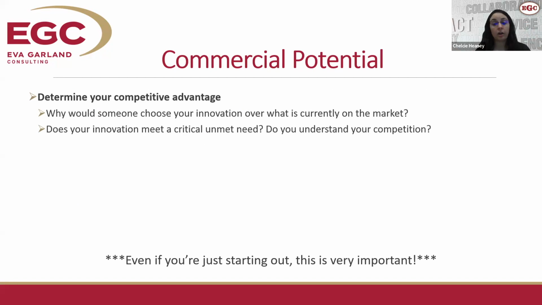What differences are there between what you're developing and what is currently available? Again, ask yourself, why would someone choose to use your innovation over something that they can already buy or use without waiting, however many years it's going to take to get from proof of concept to market?